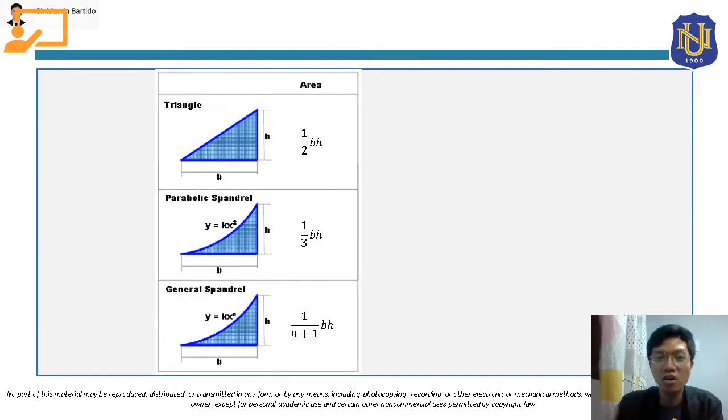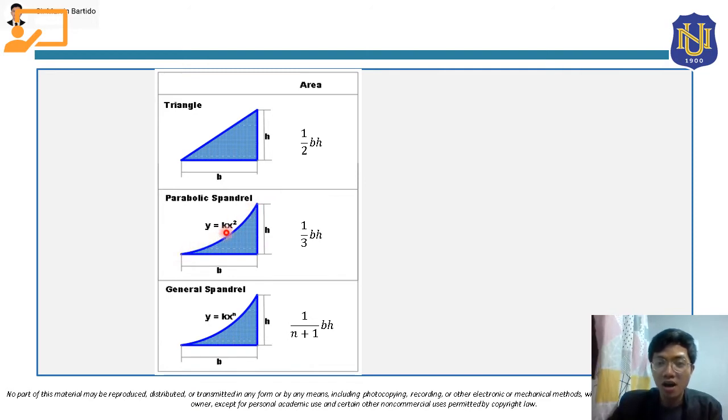Okay, so let's recall the formulas that we're going to frequently use in our discussion. Recall that the area of a triangle with base b and height h is equal to 1/2 base times height. For a parabolic spandrel with base b and height h, instead of a straight line as its hypotenuse, we will have a curve.